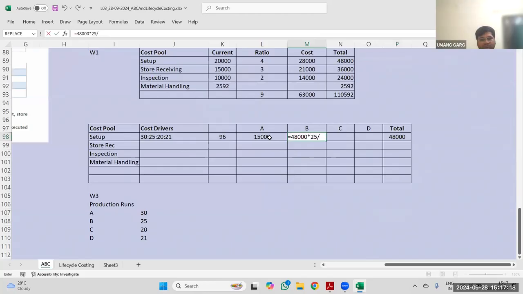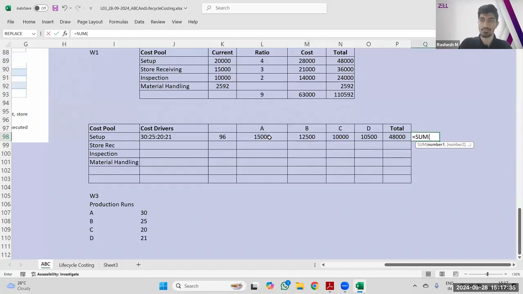So 25 by 96. 20 by 96. And 21 by 96. Again, you can always check. 48 has been covered.